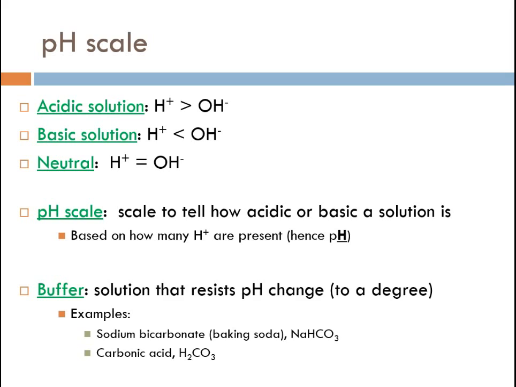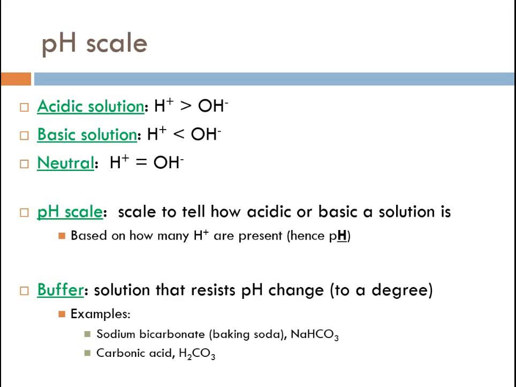And sometimes you hear the word buffer. Our blood is like a buffer. Basically it's a solution that resists pH changes. So you can throw in some hydrogen ions and it'll stay relatively at the same pH. You can throw in some OH ions and it'll stay relatively at that same pH.